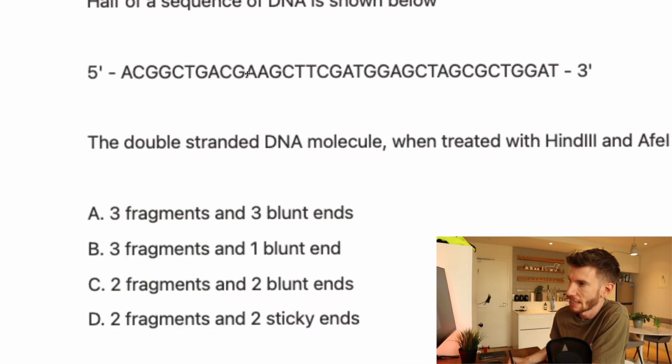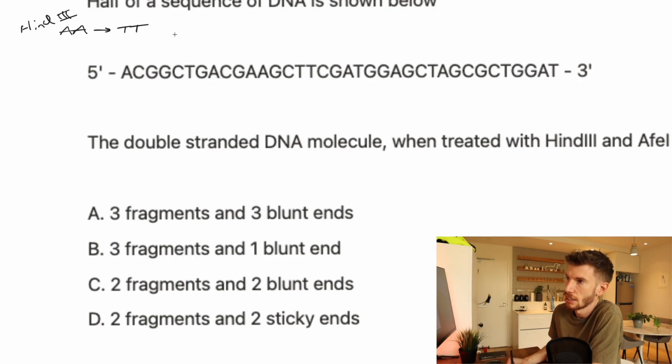You could potentially, as a shortcut, go, okay, well, if it's AA for HIND3, then what's the complement to that? That would be TT. So anywhere I see AA, it's cutting on this side. Anywhere I see TT, it's just cutting on the other side in that case.